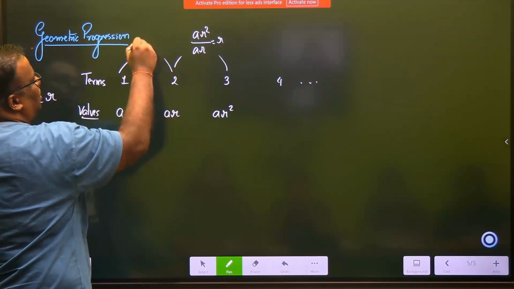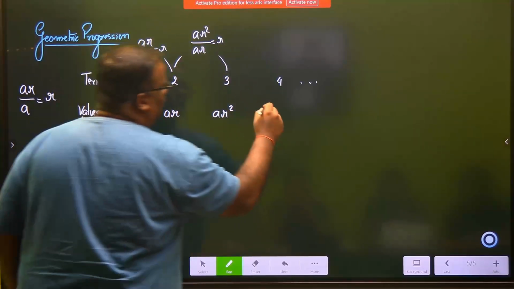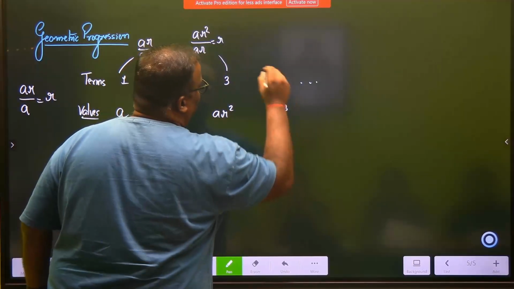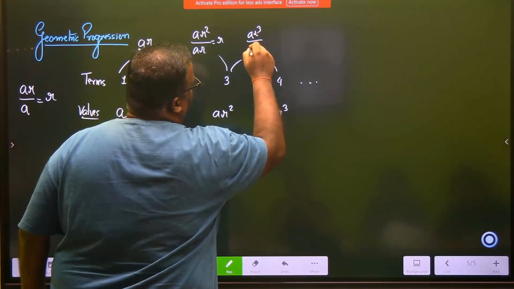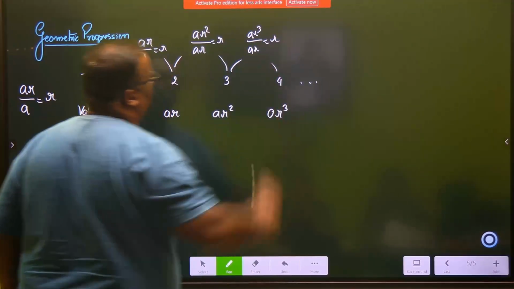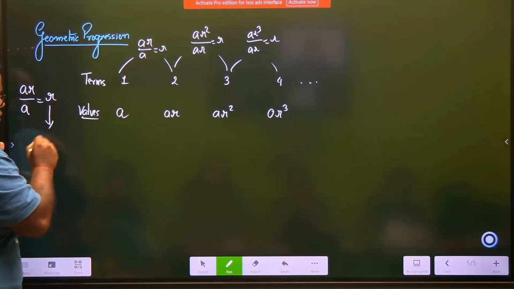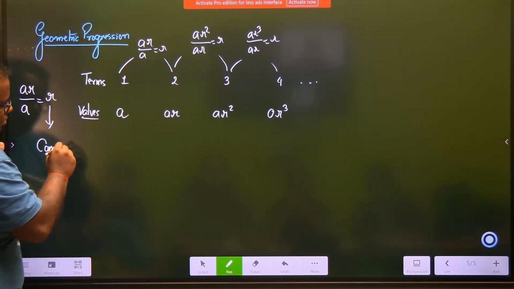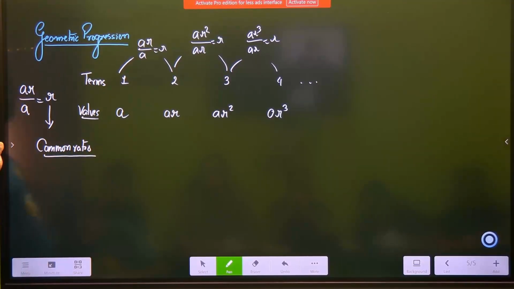Between these two, ar by a is r. I think you got the trick now. The next should be ar cube. If you see here, ar cube and ar square, the ratio is r. So r is coming common. There you used to call it common difference. Here we call it the common ratio. Bas, that's all.